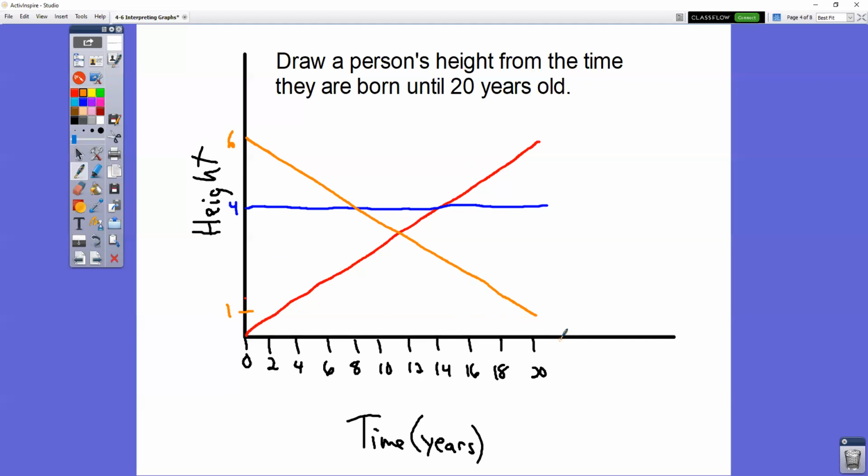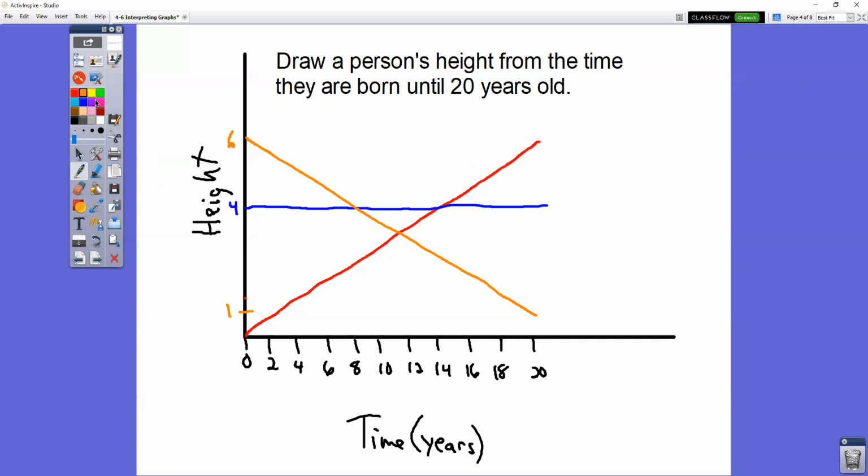No, that doesn't make any sense. You're not going to be born 6 feet tall. Think about that coming out of a woman. That's not going to happen. And then shrinking their whole entire life and end up being really, really tiny, only a couple inches tall. That's not going to make any sense at all. So all of these are wrong answers so far.